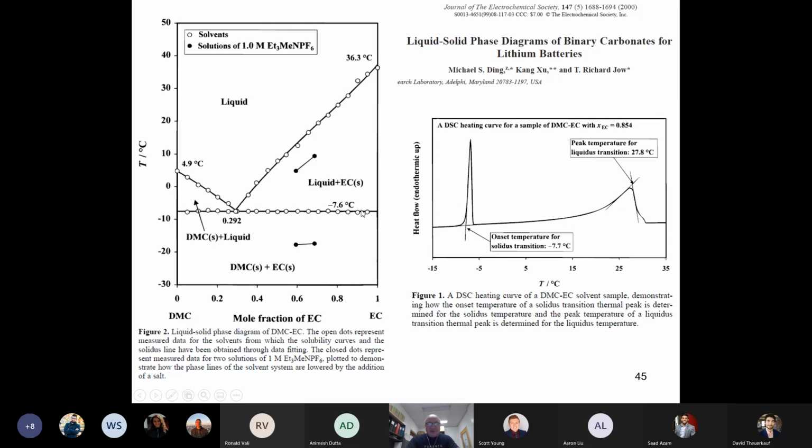You can see that. And then you move up, up, up, up. And finally, you hit the liquidus around 27 degrees C or so here. Yeah, 27.8. So from these calorimetry experiments, you can determine what the phase diagrams look like. Any questions about this?